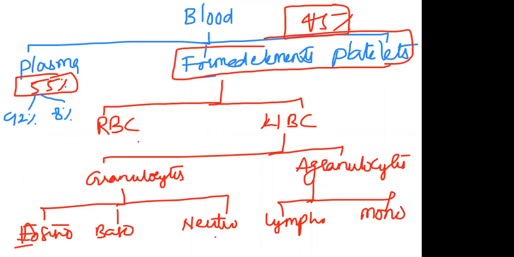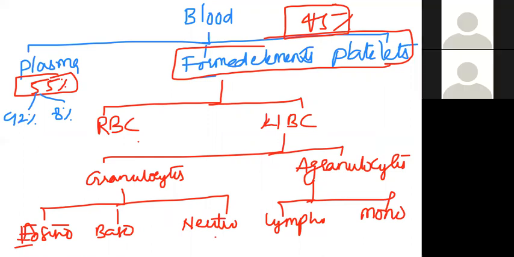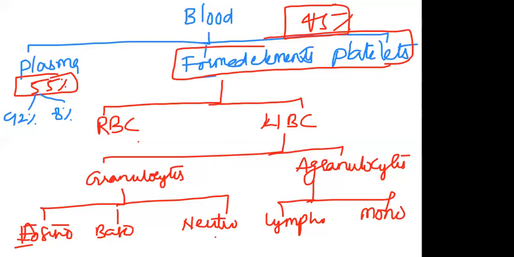Now the item we are taking is percentages, just percentages. Then percentage wise, the RBC, we already said the count: 5 million in men and 4.5 million in women, in 1 cubic millimeter of blood.